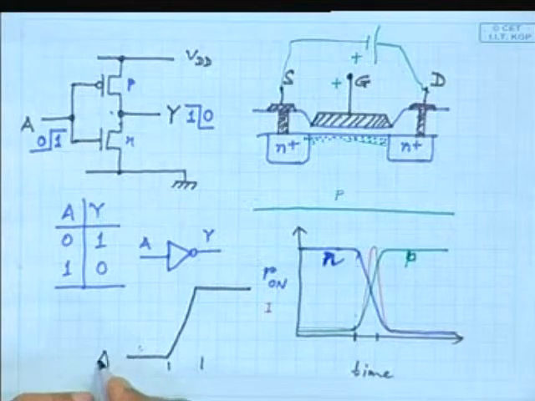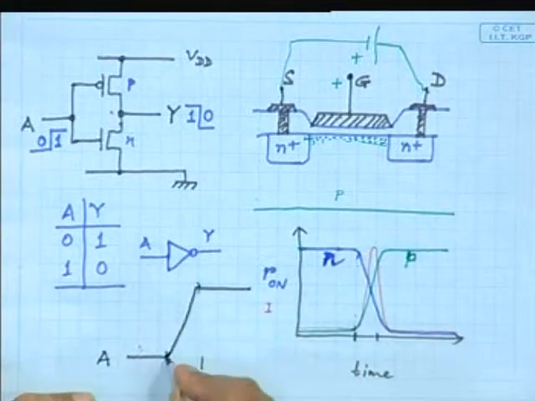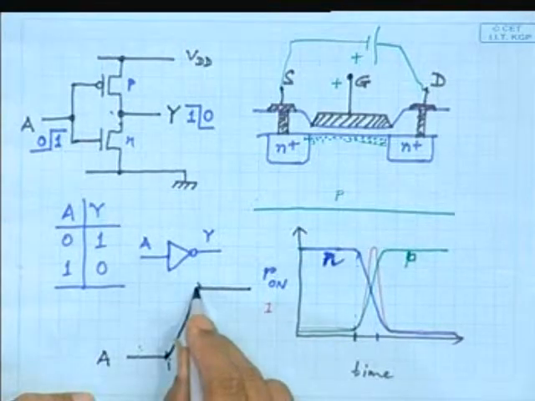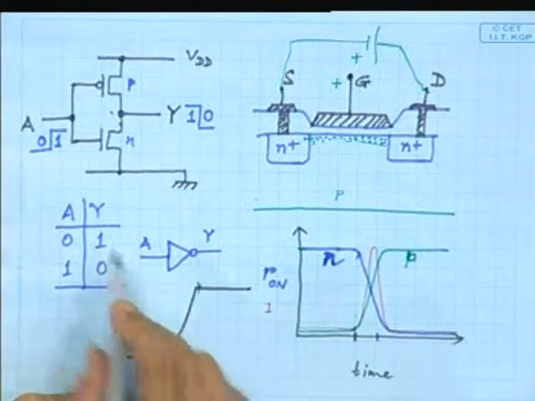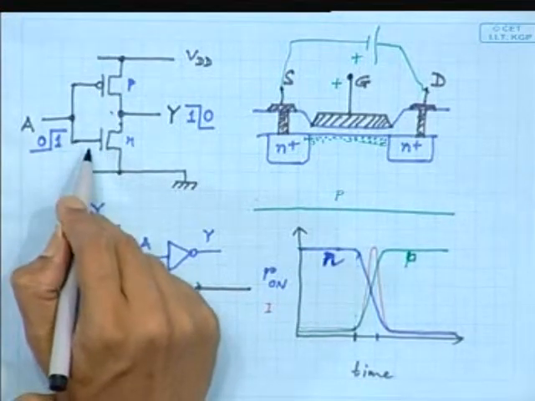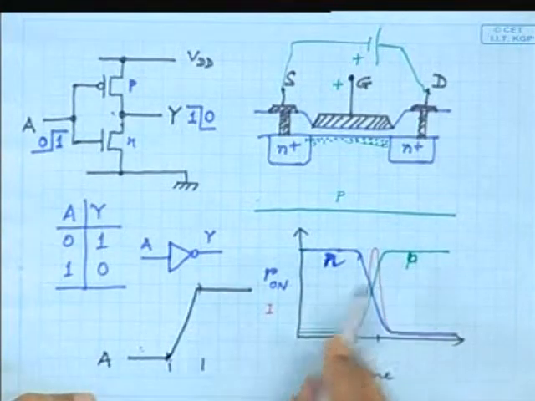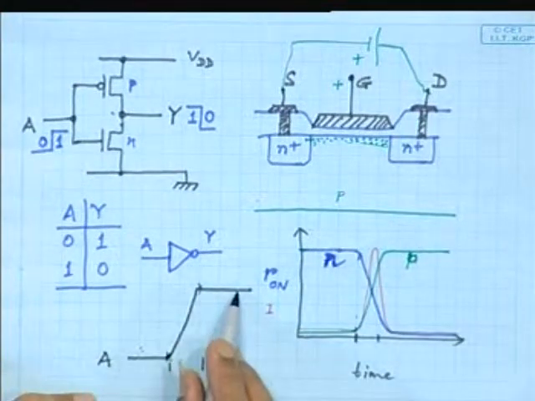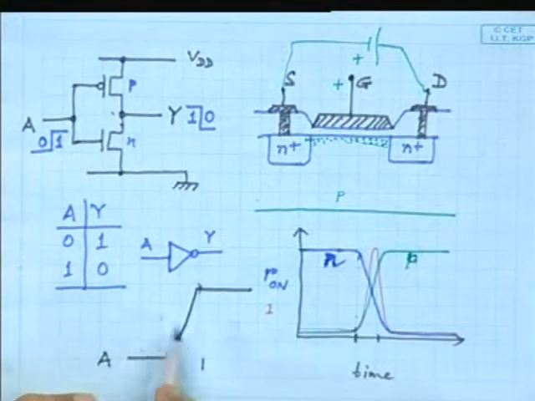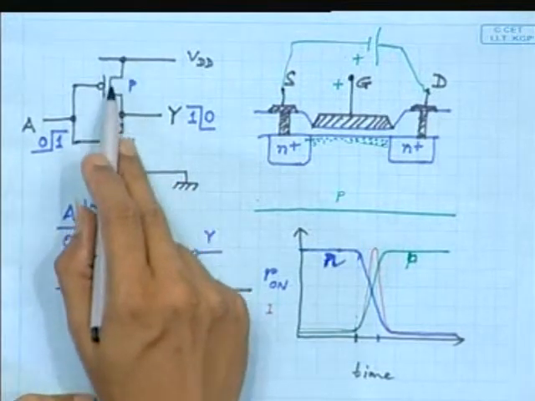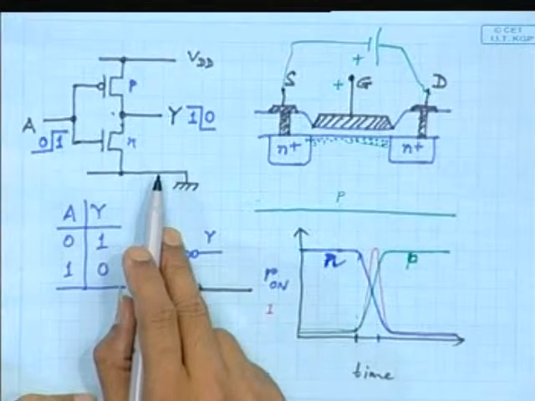If I look at the input waveform, from this point to this point, it is not exactly at 0, nor is it at 1. So for that portion of time both the transistors might conduct. Whatever we have seen is not only due to their inherent delay but due to the rise time of the input signal. So if the rise time is more, it will get more time to pass current through both the transistors. Okay, so power consumption will be more.